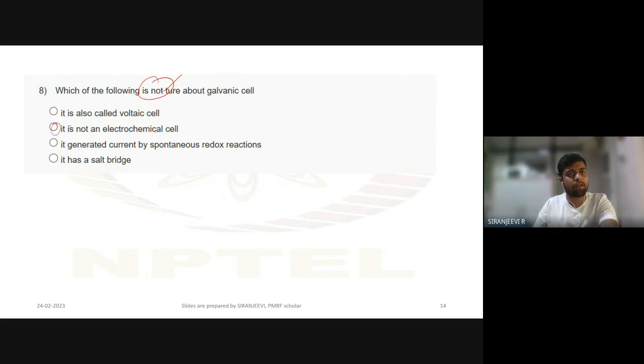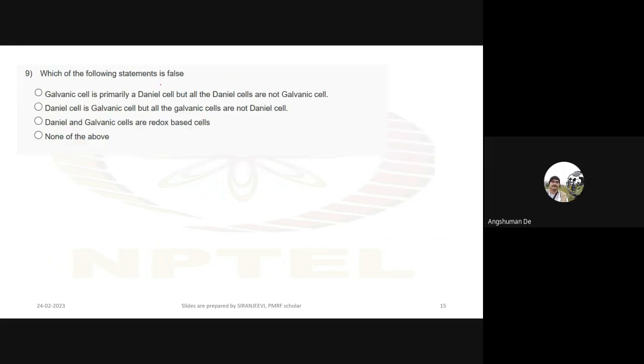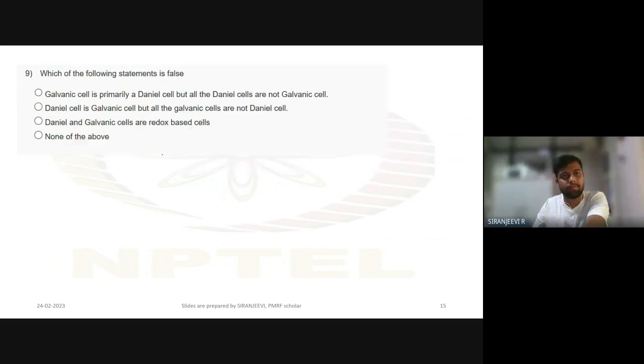It is actually an electrochemical cell. If they had given that it is not an electrolytic cell, then it would be a true statement. So this is a wrong statement. The statement is false: a galvanic cell is primarily a Daniel cell, but not all Daniel cells are galvanic cells.